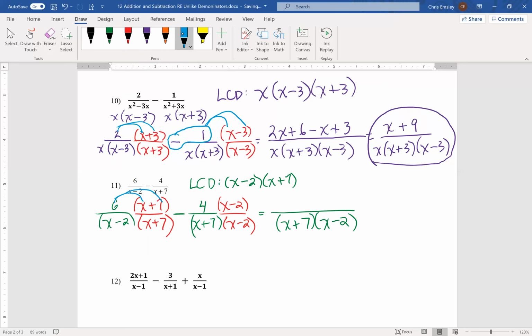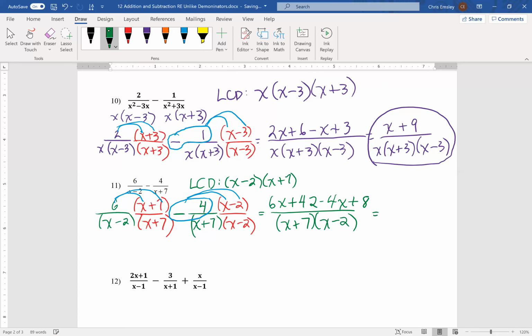Again, we'll distribute here. So we get 6x plus 42. Be careful, again, we are subtracting our fractions, so we're going to end up distributing a -4. So we get minus 4x plus 8, because -4 times -2 gives us a positive 8.